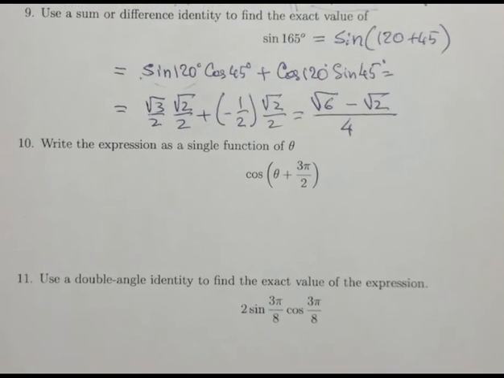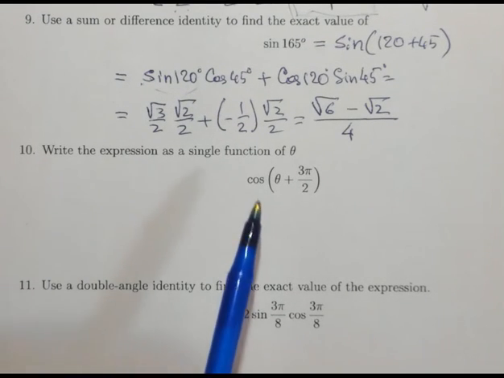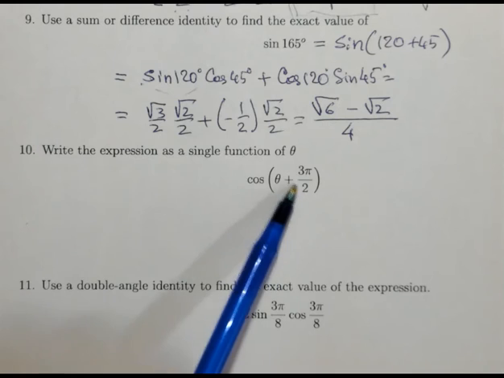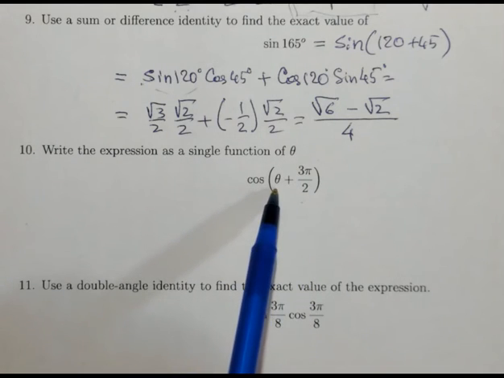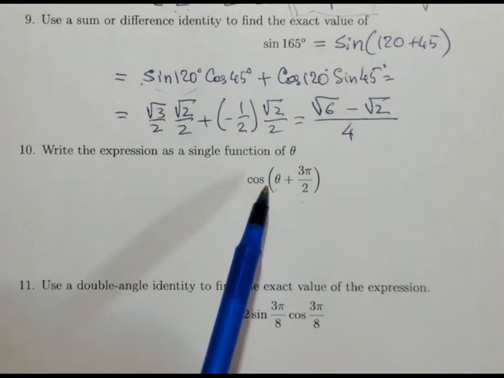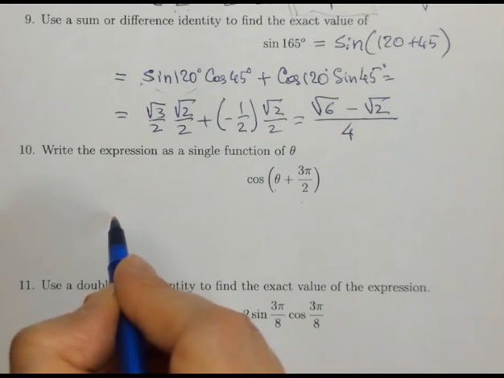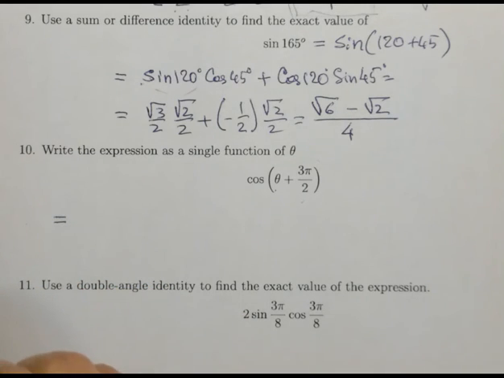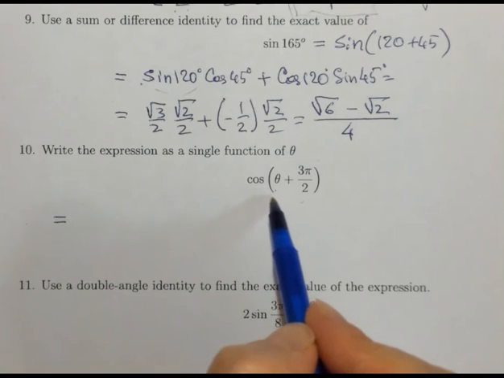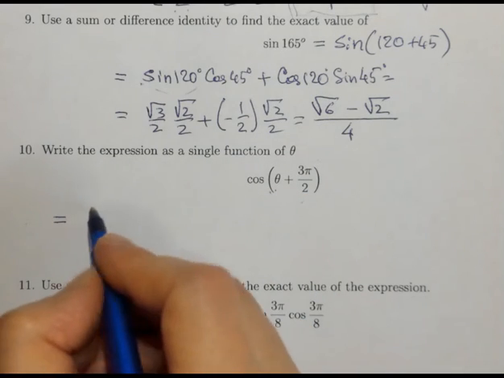Let us write the expression as a single function of theta. Again, we have cosine of a sum, but here one of the angles is a quadrantal angle and another angle is just angle theta. And we can use the cosine sum formula for theta plus 3 pi over 2.